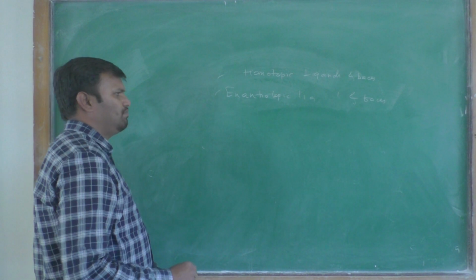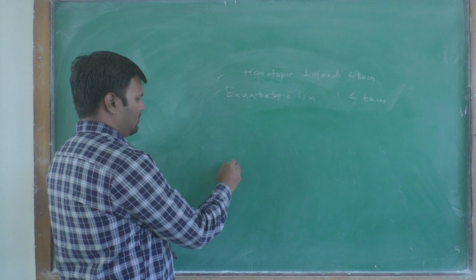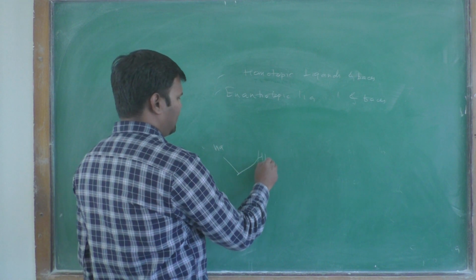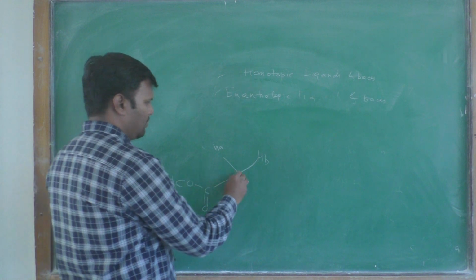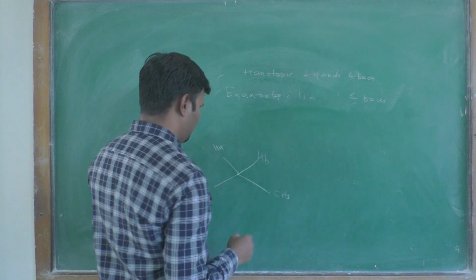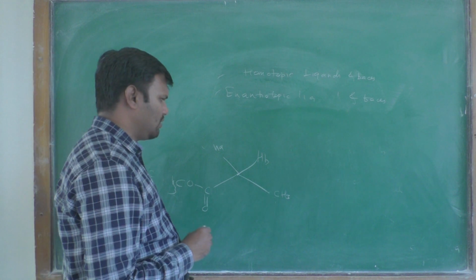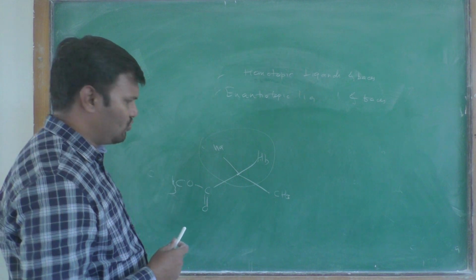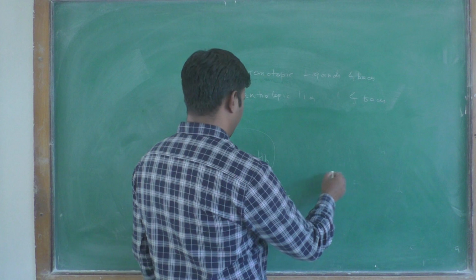For example, we have such a compound with HA and HB. Whether these two groups are enantiotopic groups: if it has a plane of symmetry, then they are enantiotopic groups.